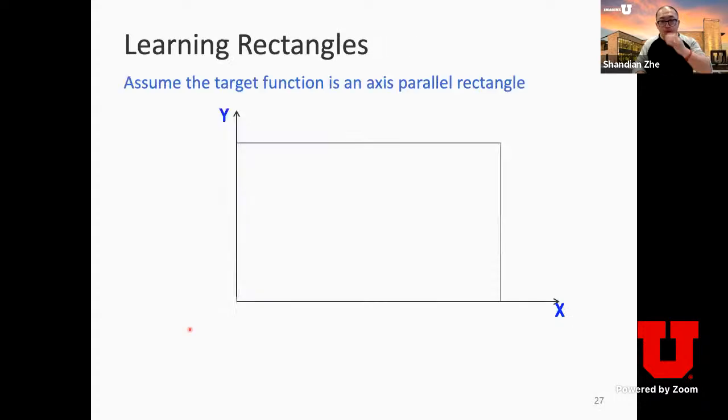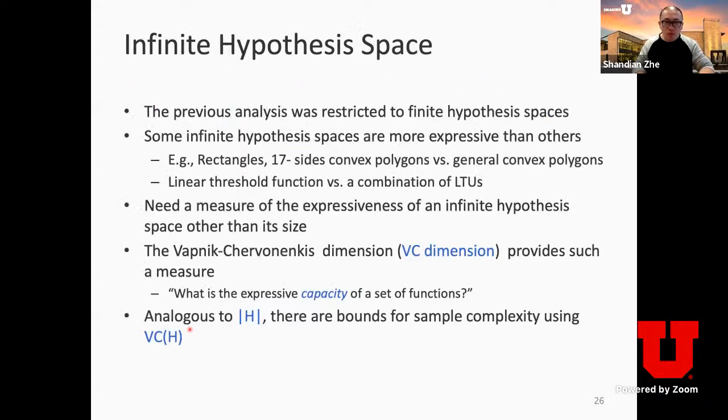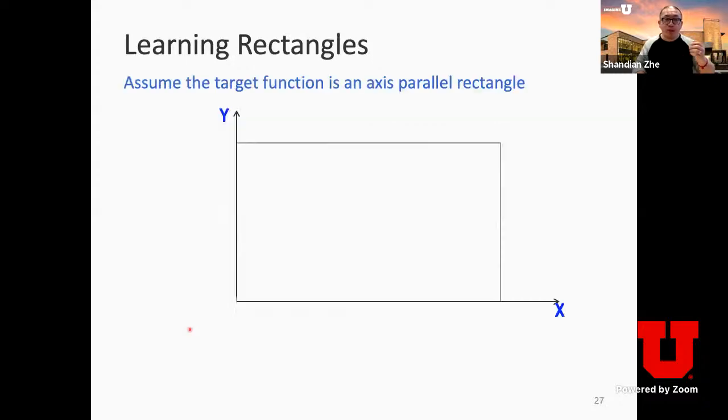To further illustrate the meaning and importance of the VC dimension, I would like to start with a concrete learning example. Suppose our goal is to learn a so-called rectangle classifier.